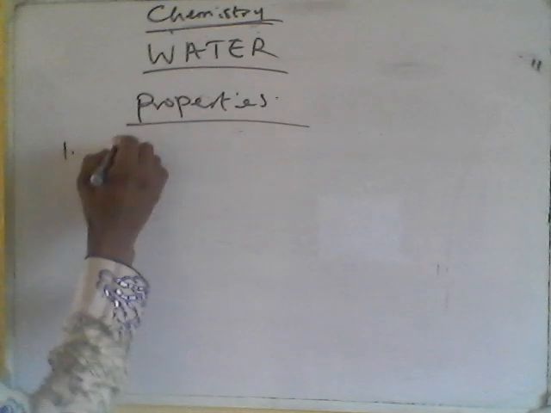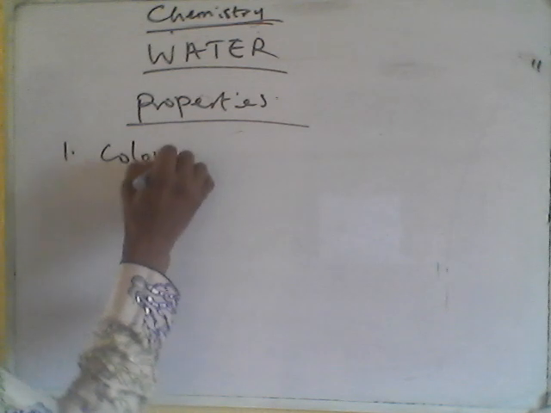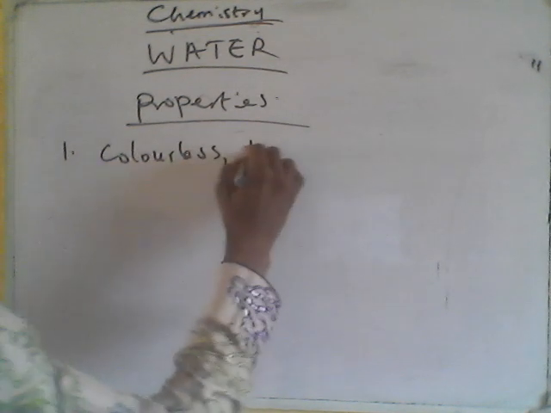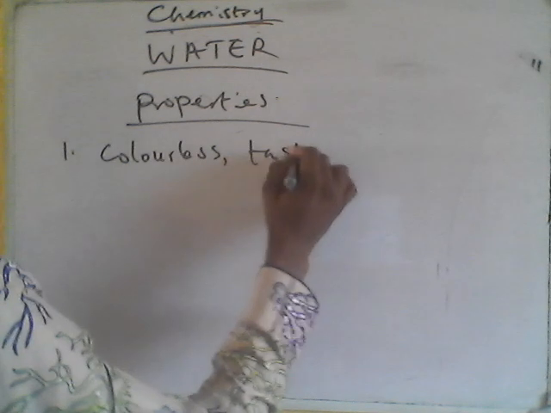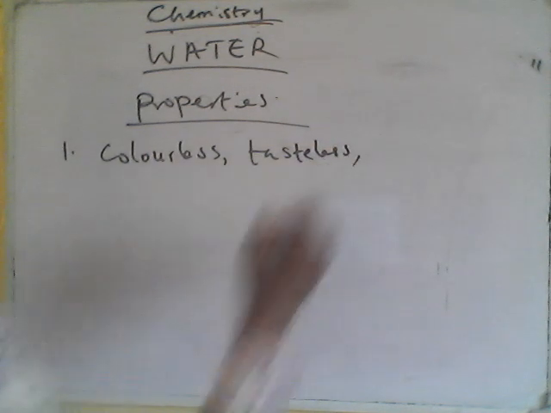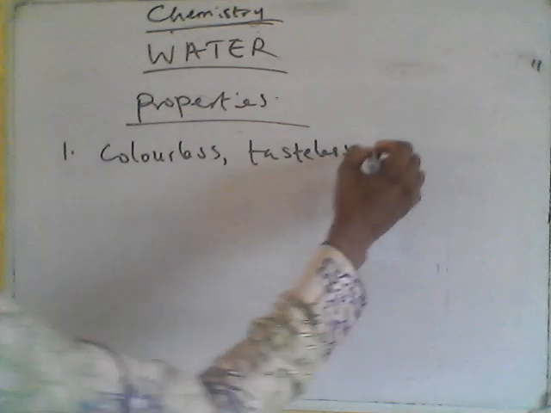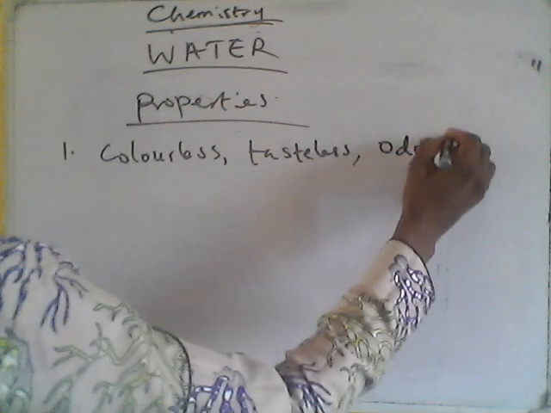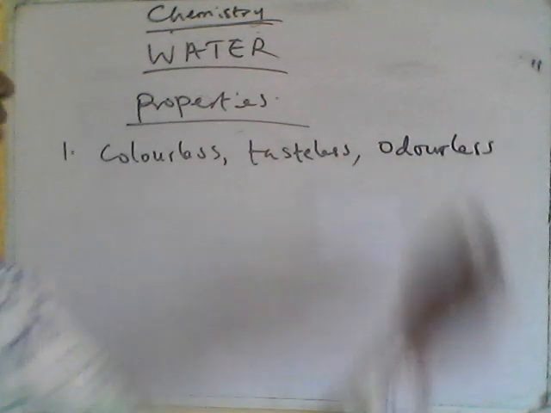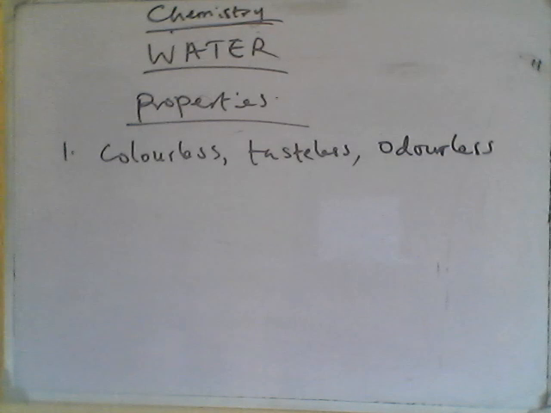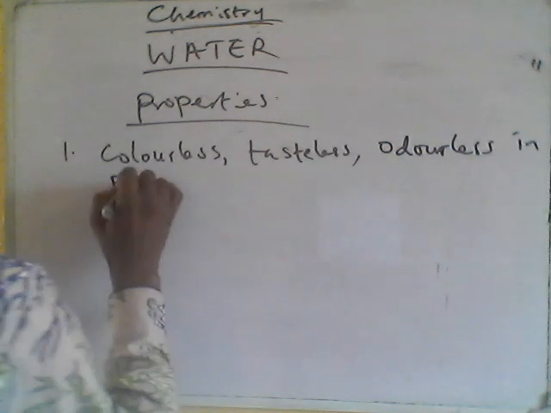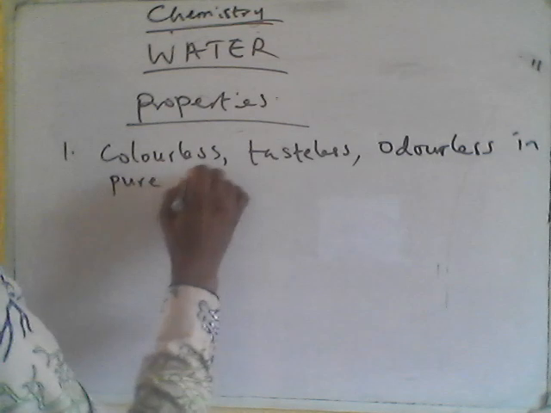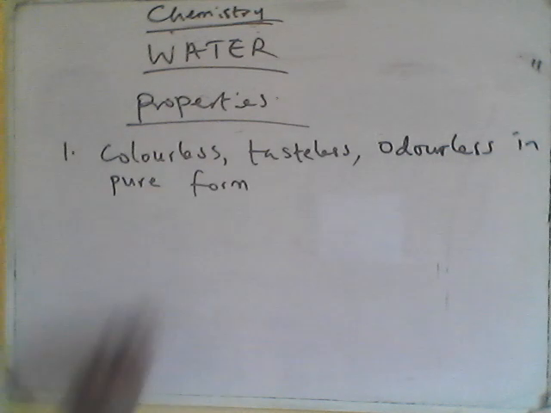So water is colorless, no color, tasteless, no smell, odorless. Of course, I'm talking about pure water. So in pure form, it does not have color, it doesn't have taste, it doesn't have odor.